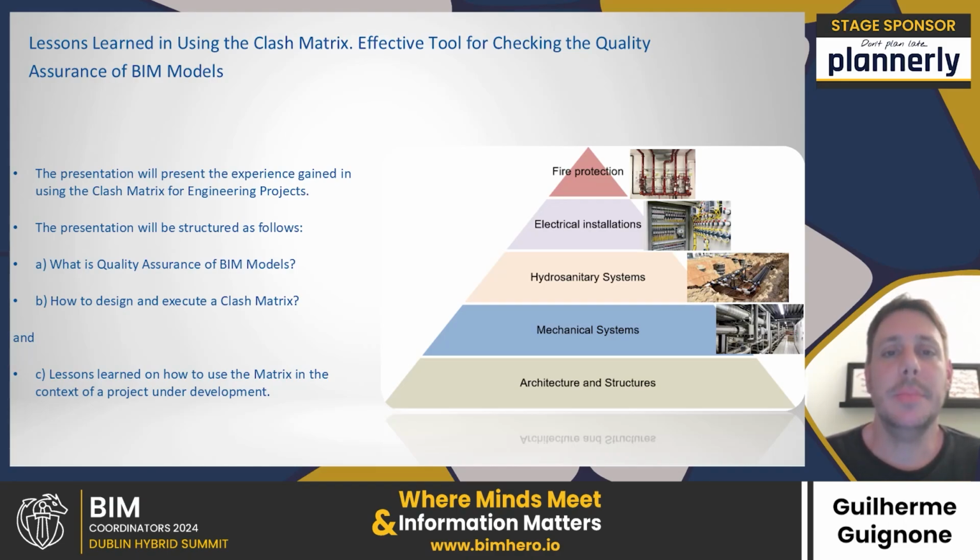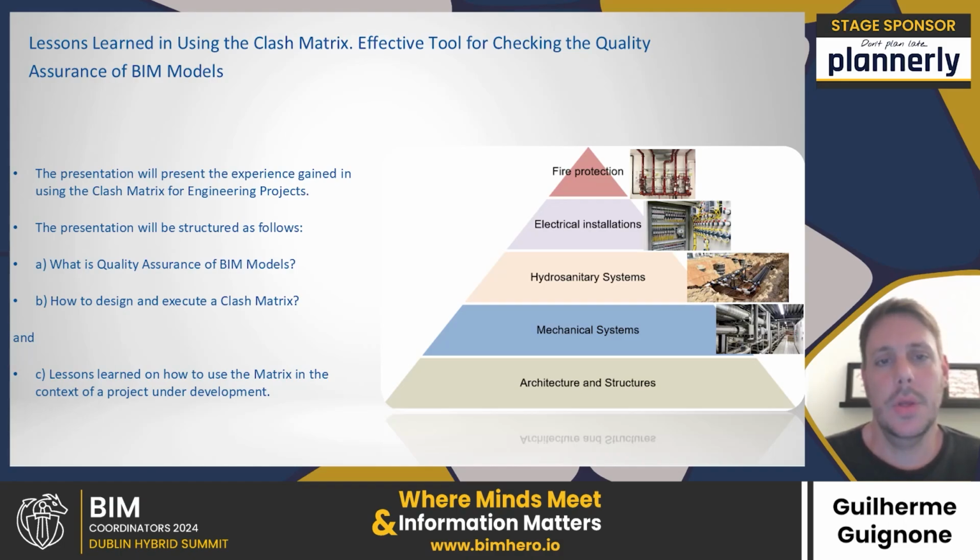One of the best practices is the use of clash matrices. With them, it's possible to standardize an analysis, enable comparison mechanisms, evaluate process performance, and increase the potential for decision making.